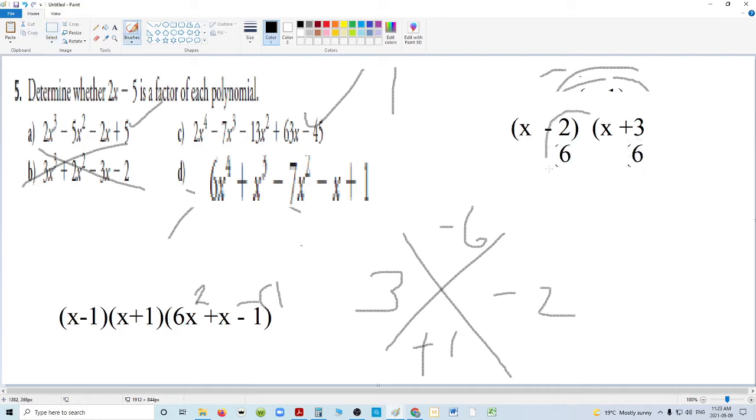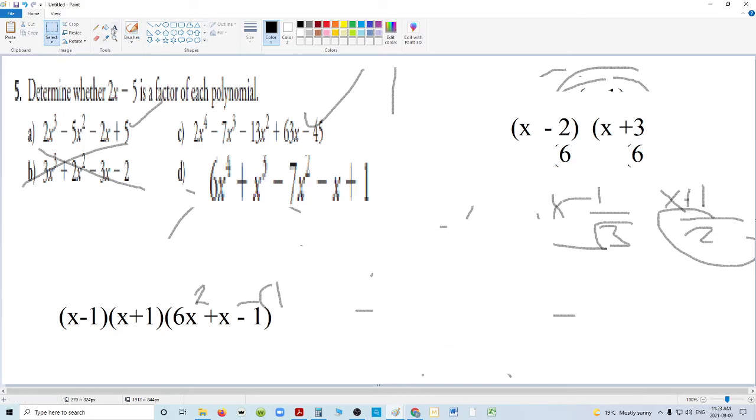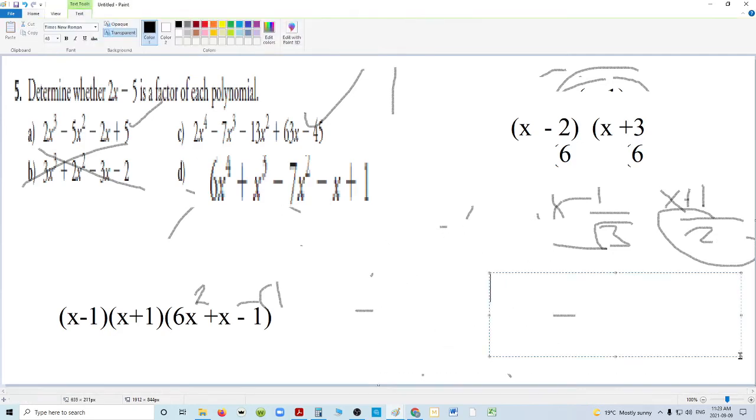Well, this can simplify to x minus a third, and this can simplify to x plus a half. And then I take this number here and put it in front of the x. So the actual roots, using the slip and slide method, are 3x minus 1 and 2x plus 1.